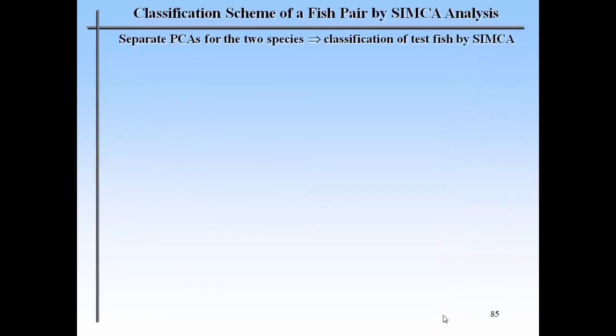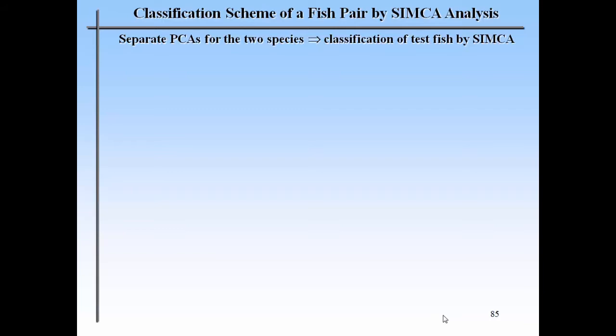So what you normally do is you run a principal component analysis for the spectra you measure of one class. In that case, we had a principal component analysis of red mullet and a principal component analysis of mullet, of the cheaper one. And then these two PCAs were introduced into the SIMCA algorithm.